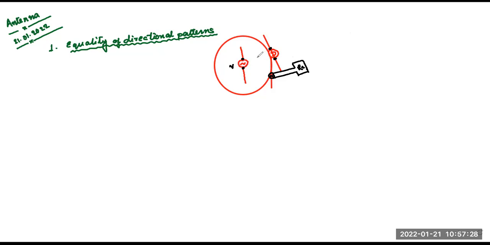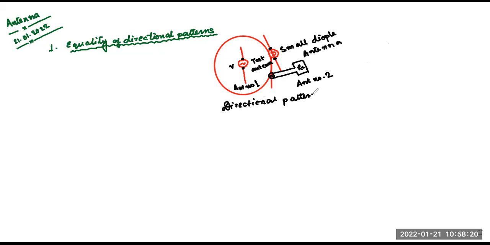So this is V. This is the test antenna. This is antenna number 1. This is antenna number 2. This is a small dipole antenna. Okay. So this is the directional pattern measurement for a transmitting antenna.